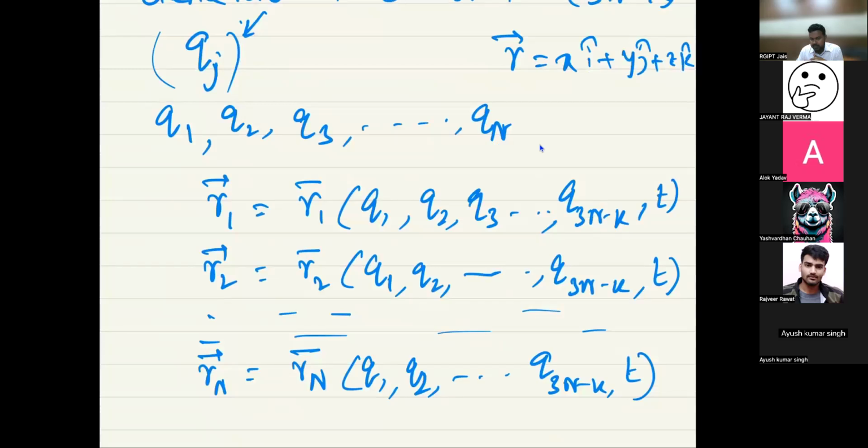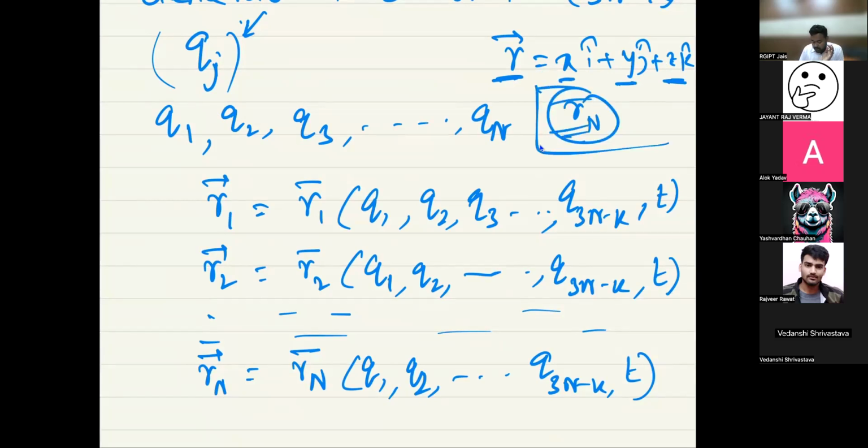Because there are only n particles and we are writing a position vector for each particle only. So each position vector includes 3 degrees of freedom, because the position vector is x i cap plus y j cap plus z k cap. You can see there are already 3 variables for 3 degrees of freedom. So whether it is rn, the number of degrees of freedom includes 3n.